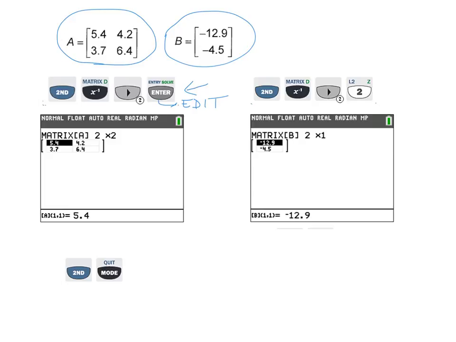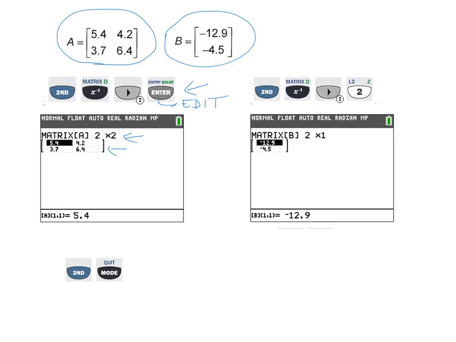Once we get to matrix A, you'll have to enter in the dimensions. It's a 2 by 2, and then you enter in all of the little entries, the 5.4, 4.2, and so on. Make sure you push enter after each one, especially after the last one. Sometimes it's easy to forget. So now matrix A is entered in.